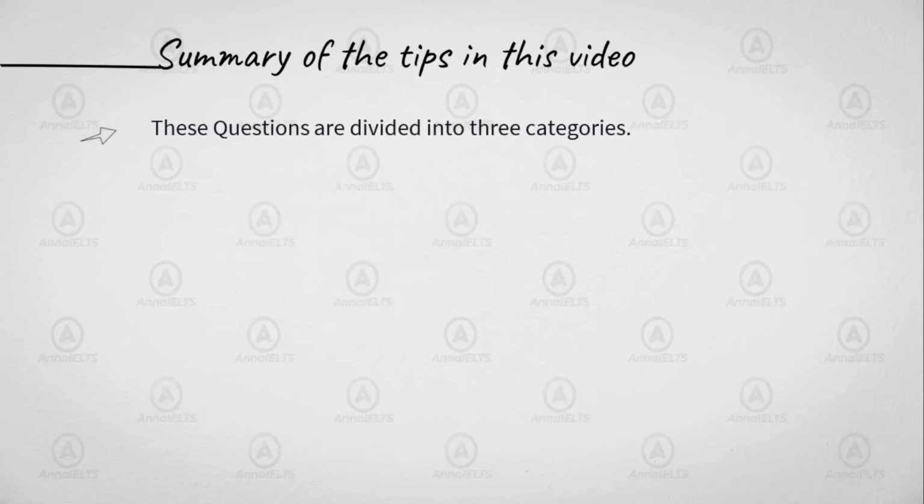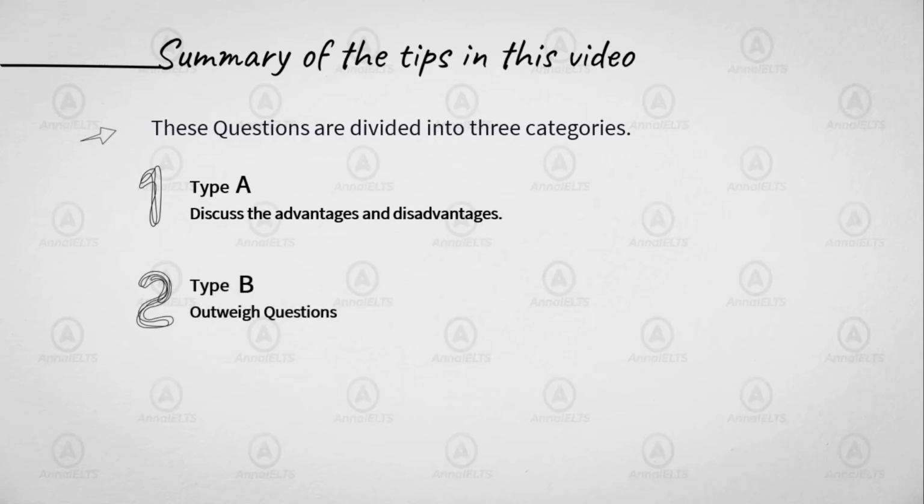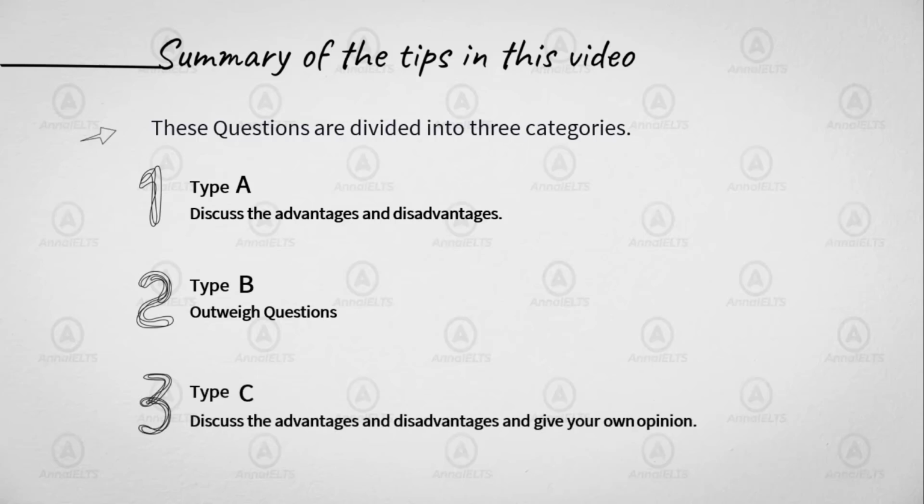These questions are divided into 3 categories. The first one, discuss the advantages and disadvantages. The second one, outweigh questions. The third one, discuss the advantages and disadvantages and give your own opinion.